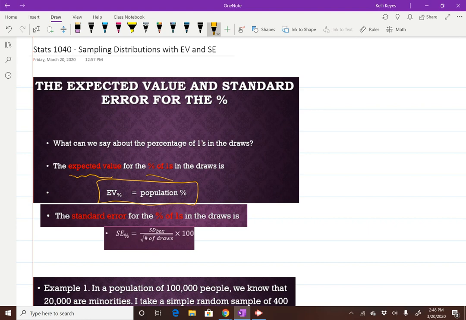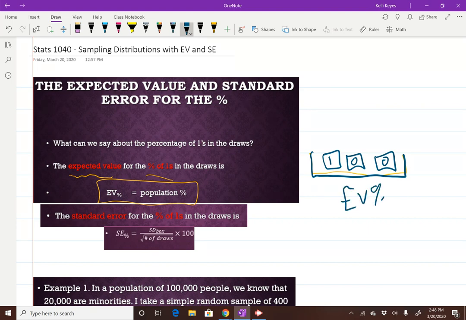So if I have a box model with like 1, 1, and 2 zeros, then EV percent would be just the percent of ones in the box, right? So I would expect 33% of my draws to be ones because that's a third. That's exactly what EV percent is. It just matches what the population is.